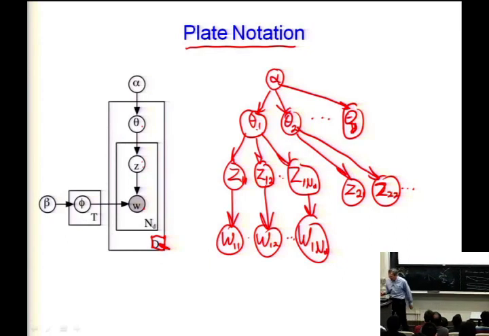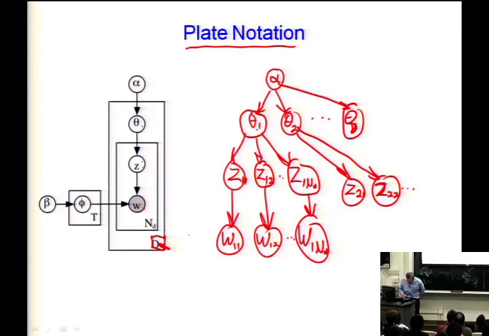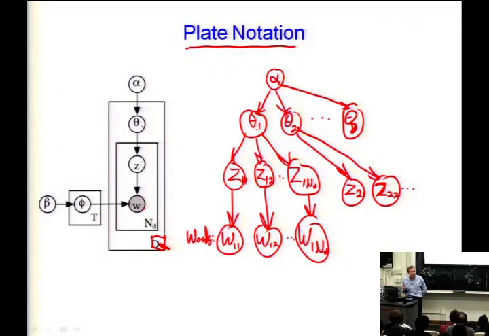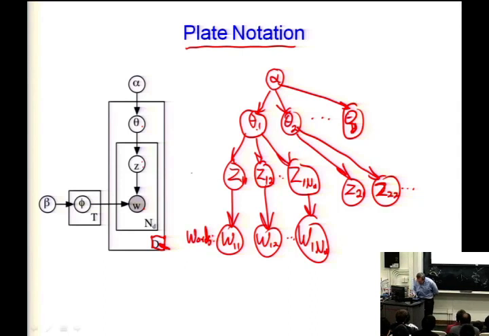But now let's look at this Bayes net. W here stands for the words in my document. The Z's are the topics. That's the random variable that defines which topic, the latent unobserved variable, and it's an integer-valued variable.